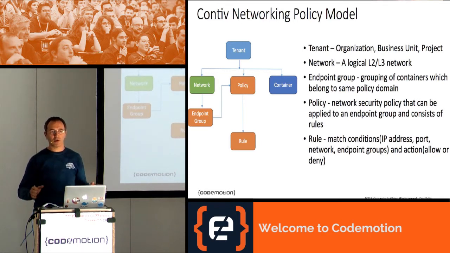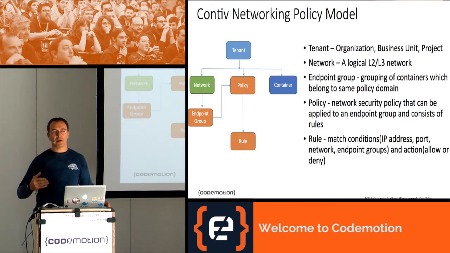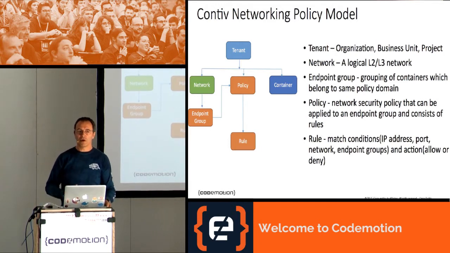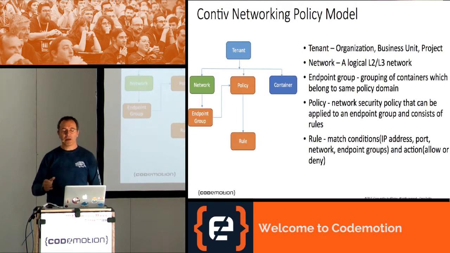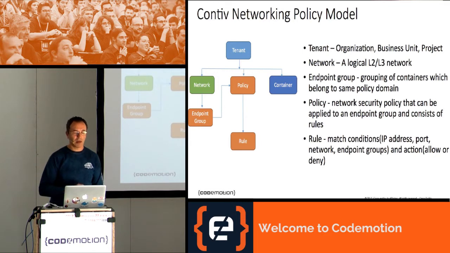They will not communicate. So I can assign a tenant to a department of my company and another tenant to another department. They will be completely autonomous and isolated. Or I can give a tenant to each customer I am providing some kind of services. If I do hosting or infrastructure as a service, I can create tenants for everyone. Within a tenant, you create networks, policies, and containers.